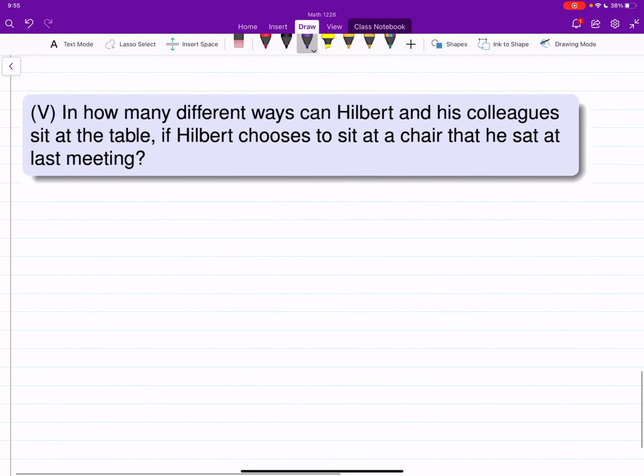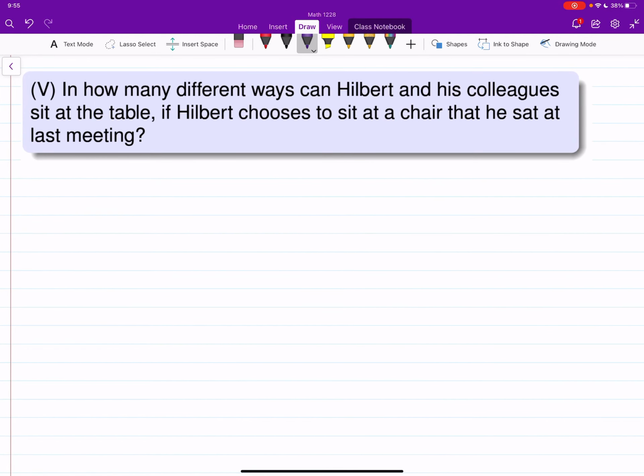And the last one: in how many different ways can Hilbert and his colleagues sit at the table if Hilbert chooses to sit at a chair that he sat at last meeting? Okay, so we fix a chair that Hilbert sits at. Then we have to decide the rest. When Hilbert sits at a chair, basically he fixes the beginning and end of a line.